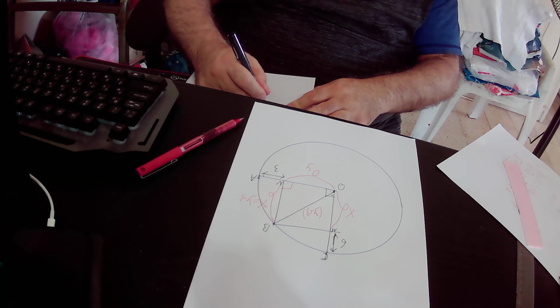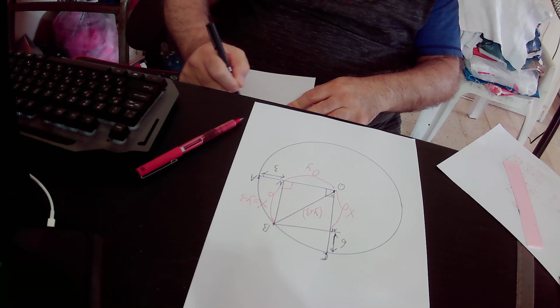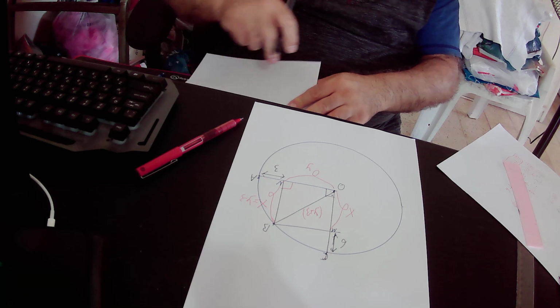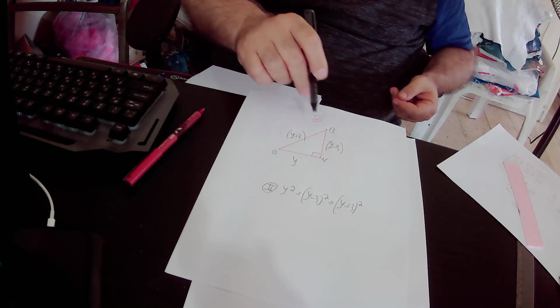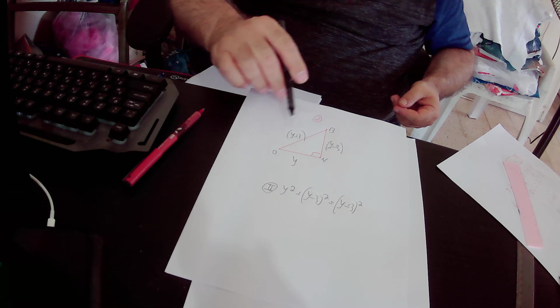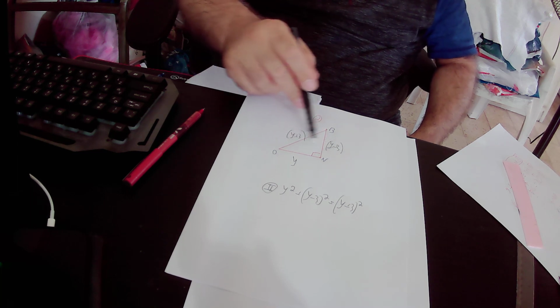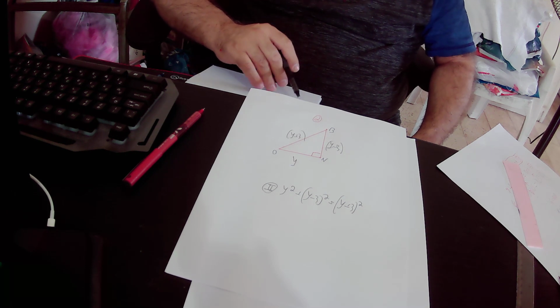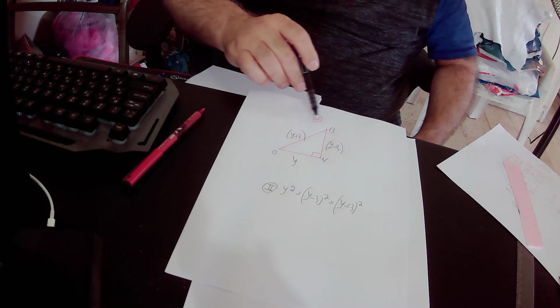So our second equation will be y square plus y minus 3 square equals y plus 3 square.